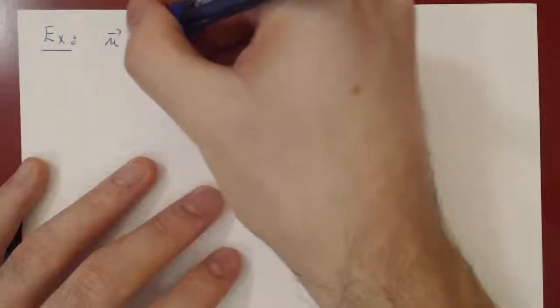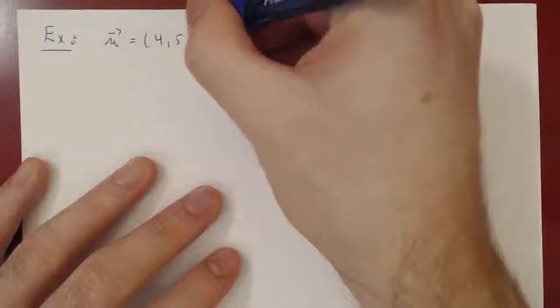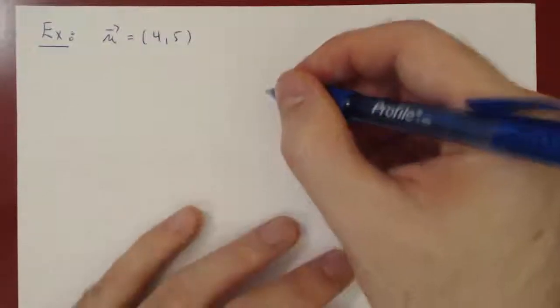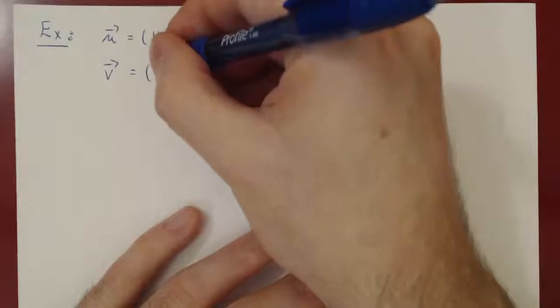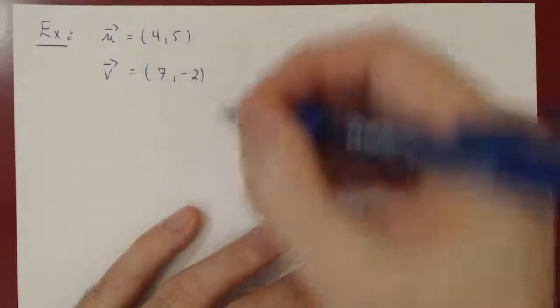Suppose we wanted to cross the following two vectors. U is the vector (4, 5) in R2, and V is the vector (7, -2).